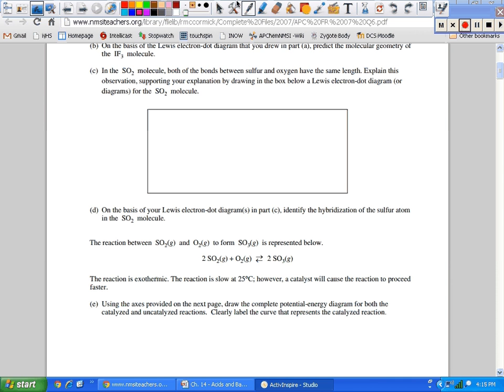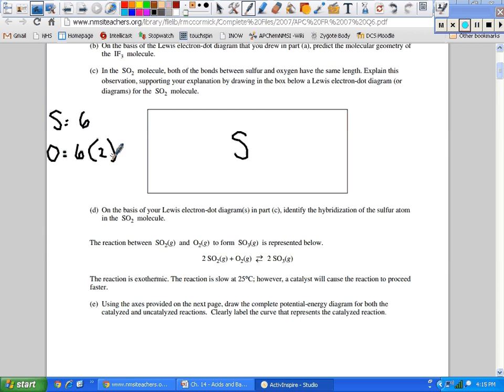So starting off with SO2, all right. So we have S, and then we have, first of all, S has how many valence electrons? 6. And there's O, and it has how many? 6, and there's how many? 2. So 2 times 6 is 12. 12 plus 6 is 18.